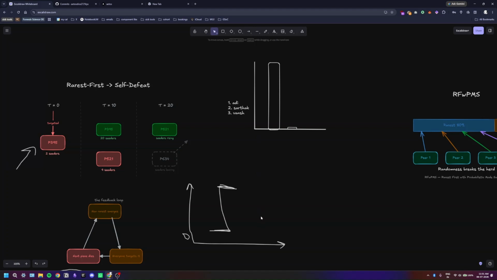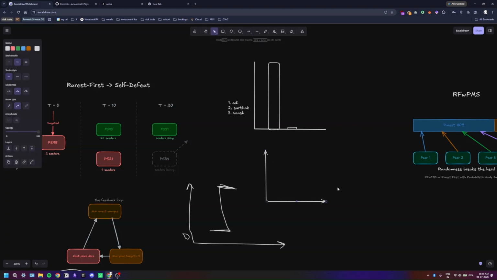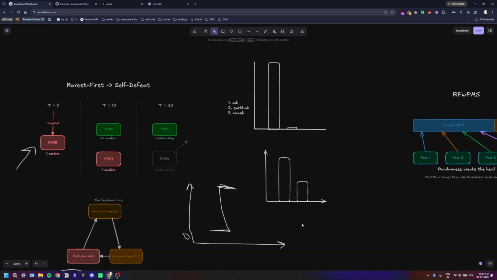The new approach says, what if we did it in a way that Adi has a lot of support, but a few people also go to help Sarthak. So now both are in a relatively healthier position compared to the rarest first approach.